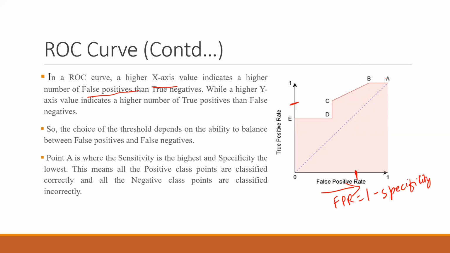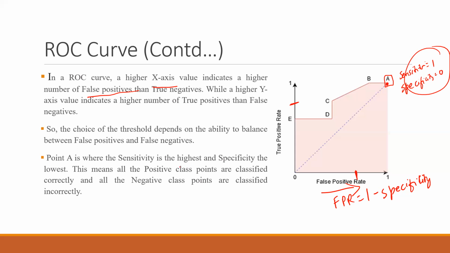So if my FPR is 1 at this point, then your specificity will be 0. At A, can we say that your sensitivity is equal to 1, but your specificity is equal to 0? Can we say this? Because FPR is highest, your specificity will be 0.